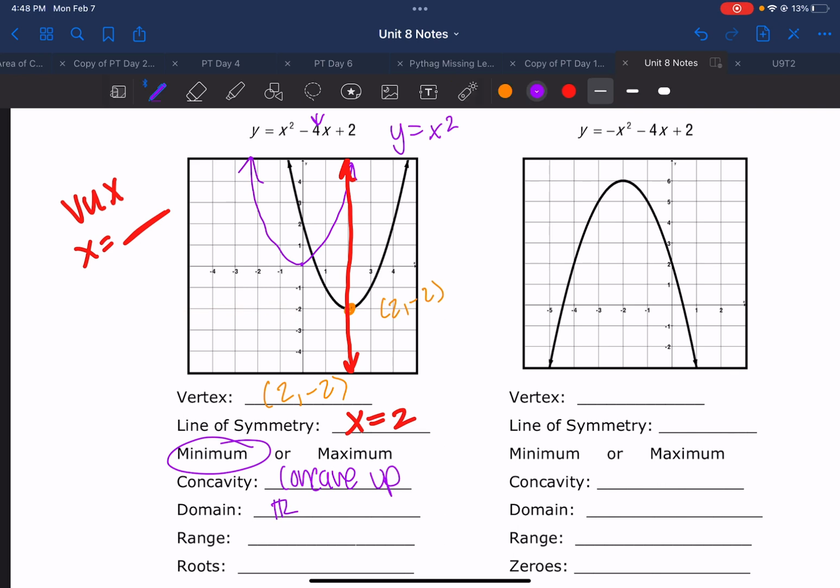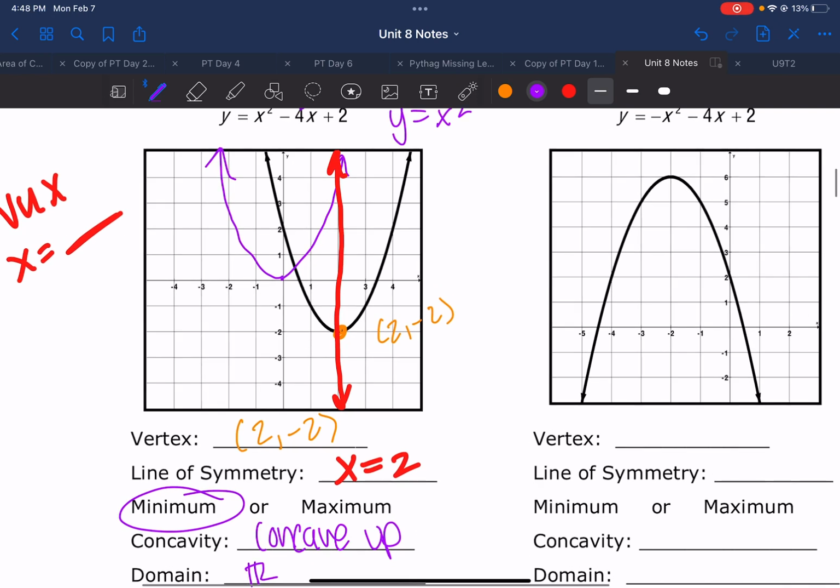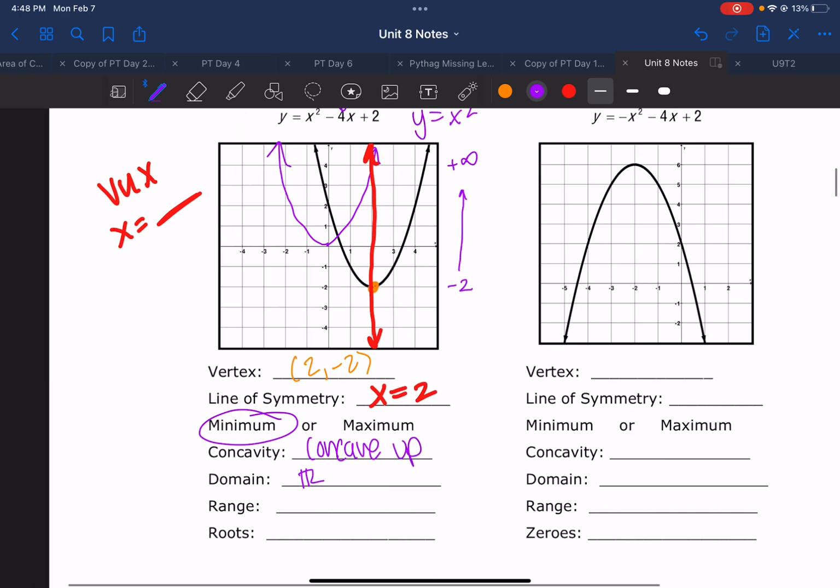So if I was to write that range the way I taught you guys originally, let me erase this real quick, it goes from negative 2, all the way up to positive infinity. And range is always my y values. So here's one way I taught you guys: negative 2 is less than or equal to y, which is less than positive infinity.